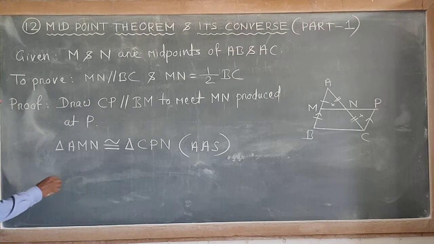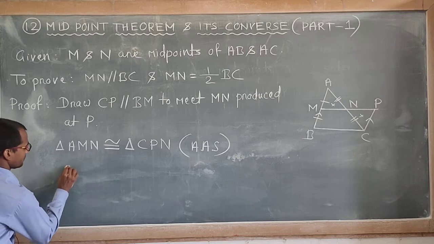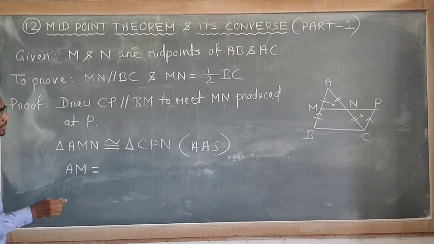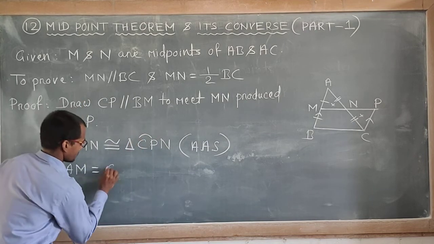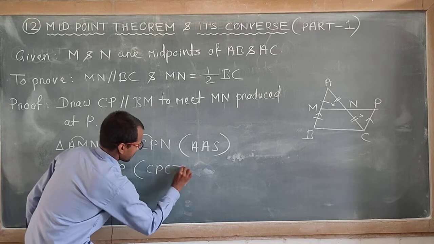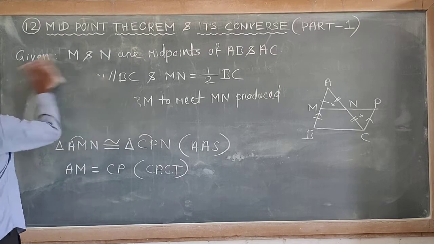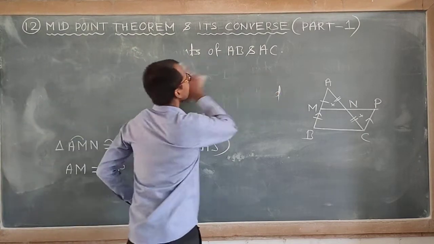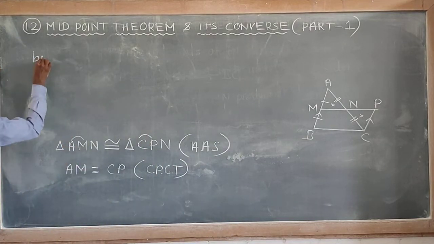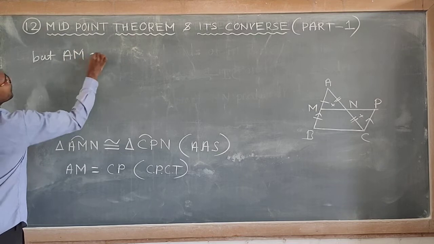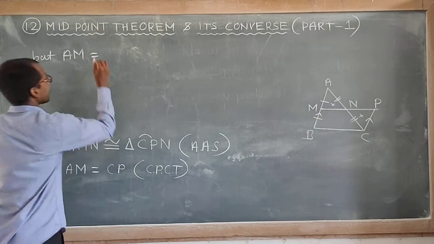Next, we can write AM is equal to CP. But AM is equal to BM, given.